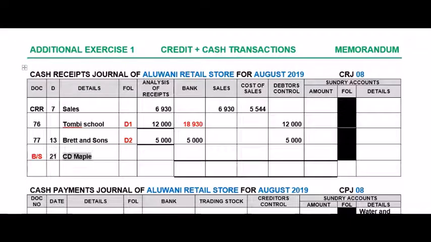The details of the person paying us is CD Maple. CD Maple is not a debtor, so we don't write anything in this folio column here. Because we receive the money electronically, it will bypass our till. So it won't go to analysis of receipt. It goes directly to bank. If you wrote the value here, then you will be penalized. And we received it for commission income, so it goes to the sundry accounts section.